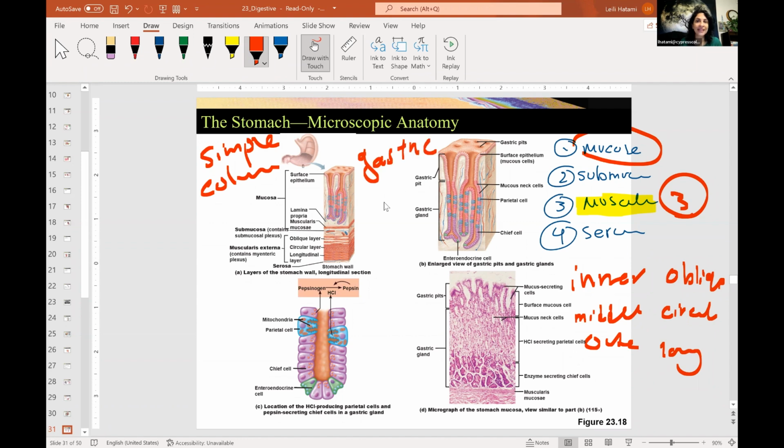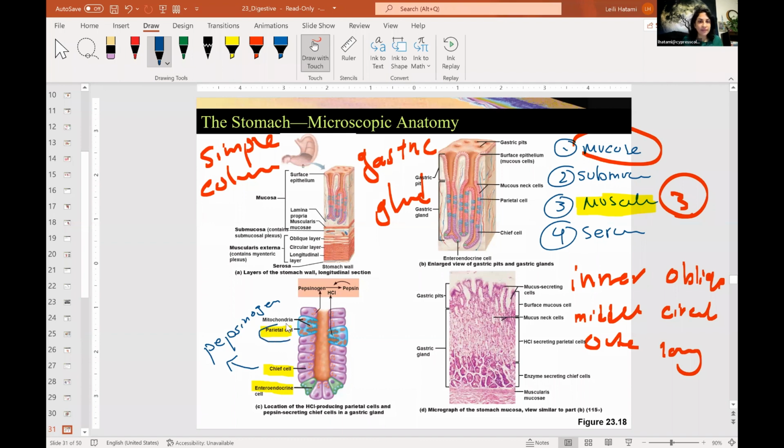The gastric gland is going to be composed of some cells. We have chief cell, parietal cell, mucus cell, and also enteroendocrine cell. The chief cells are going to produce pepsinogen. Pepsinogen is an inactive form of pepsin, an inactive form of enzyme.